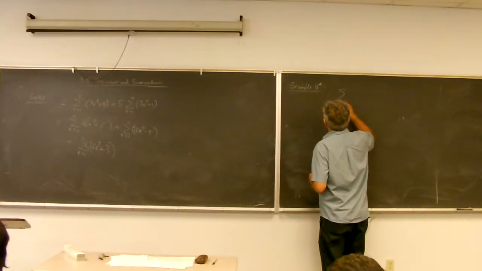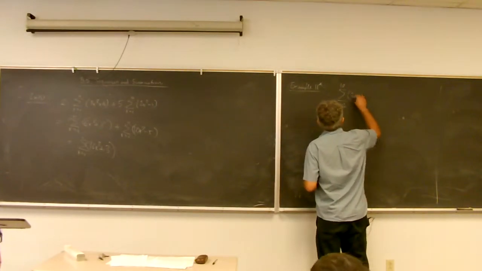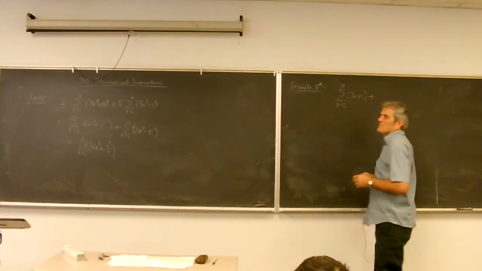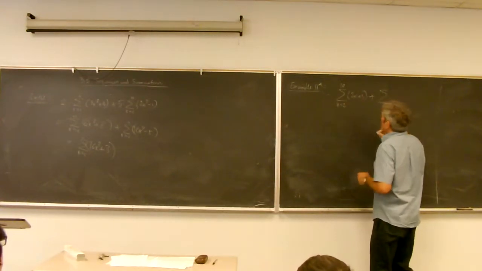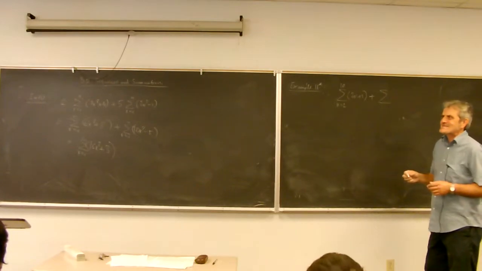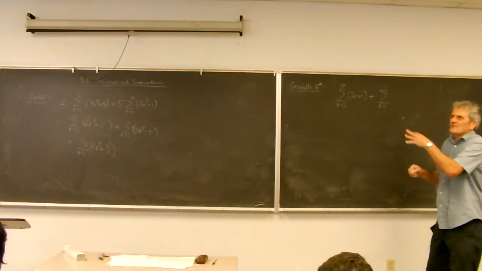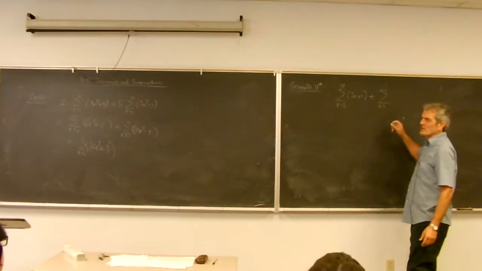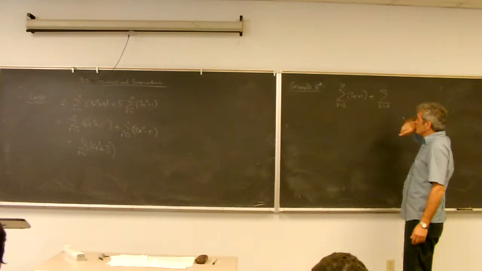Sum, k goes 2 to 10, 2k plus 1, plus sum, k goes, I'll do a different example from this one, from 4 to 11.